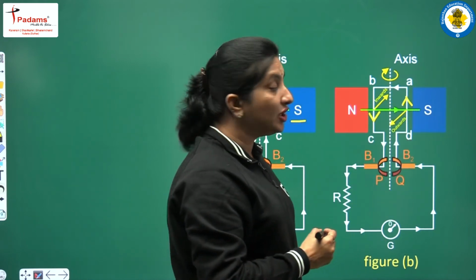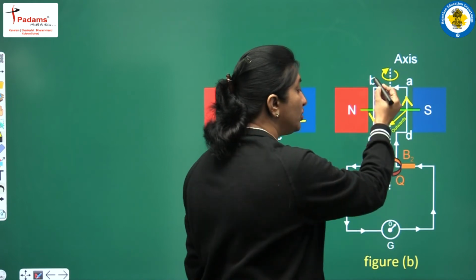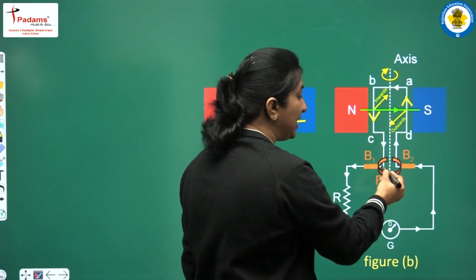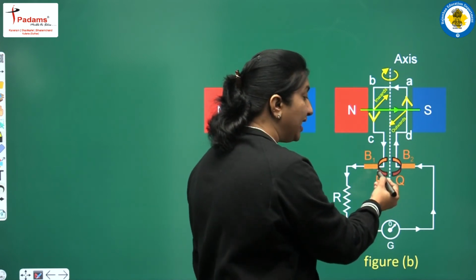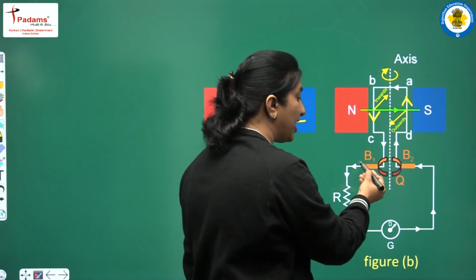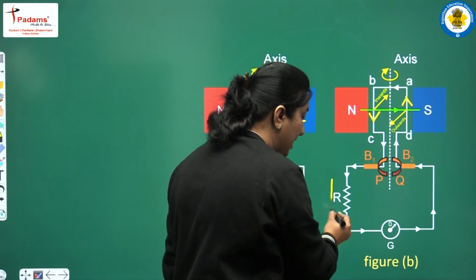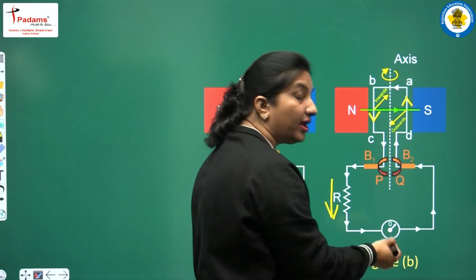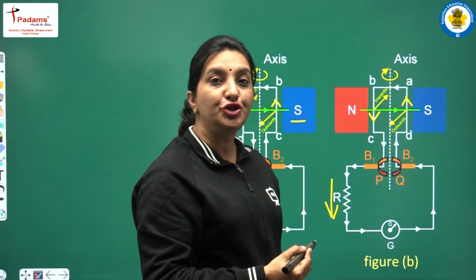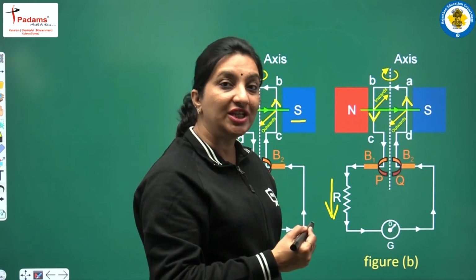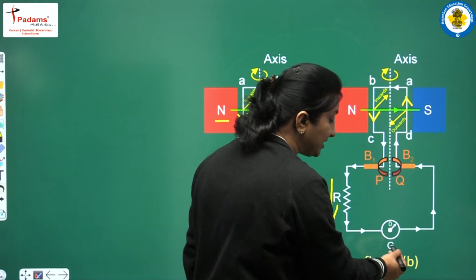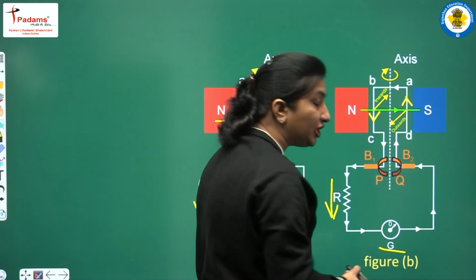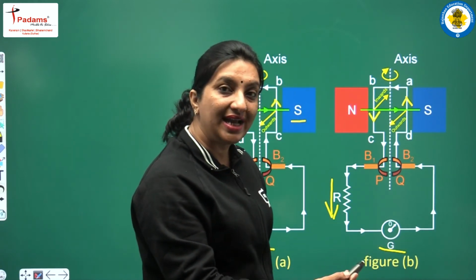And in the arm AD, which is moving outwards, the direction of current is going to be like this. So students, since this arm BC is connected to the split ring P, the direction of current is again the same in the external load, and the galvanometer shows deflection in the same direction, the right hand side.